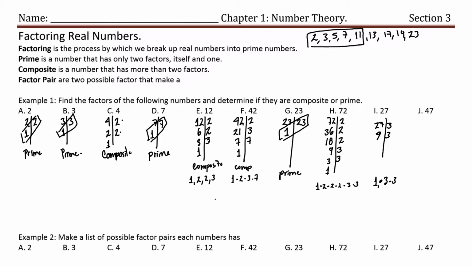There we go. And 47 is also a prime number, like 23 is one of the bigger ones. So it can only be divided by itself and 1. So the answer would be 1 times 47.